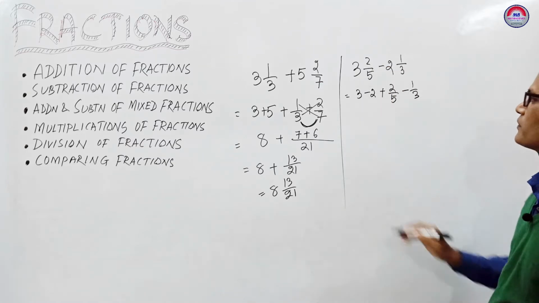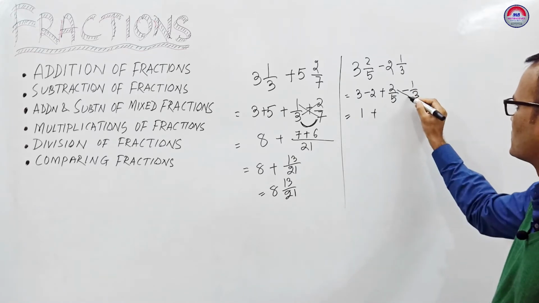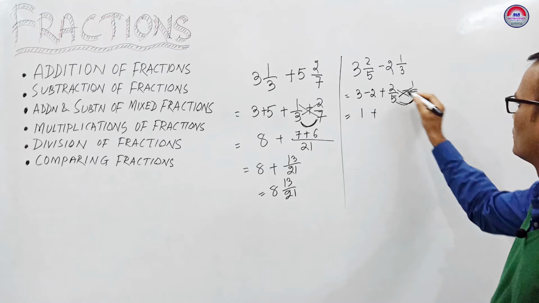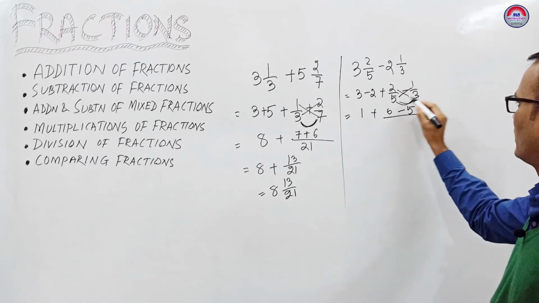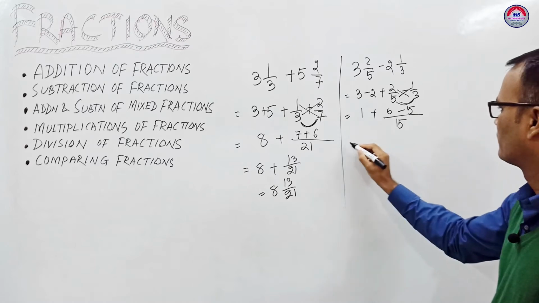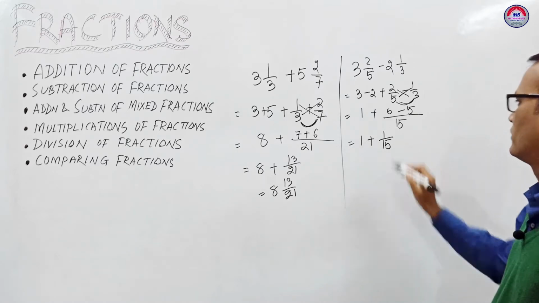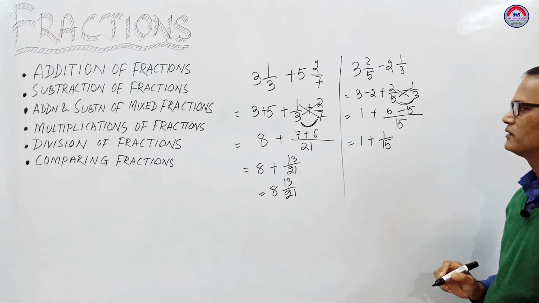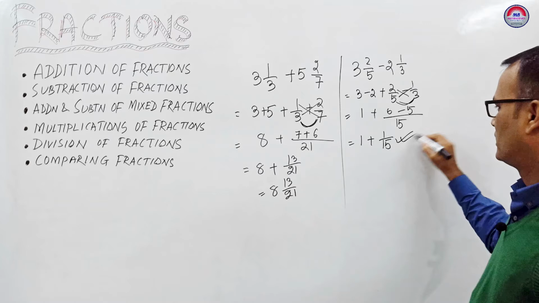Okay, see it is 1 plus, same process followed here because co-primes: 2 into 3 is 6 minus 5 into 1 is 5, 5 into 3 is 15. So the answer is 1 plus this is 1 by 15. Clear? 1 plus 1 by 15 is the answer.